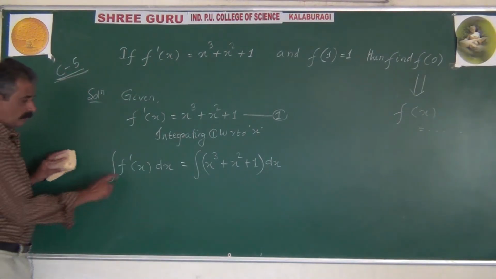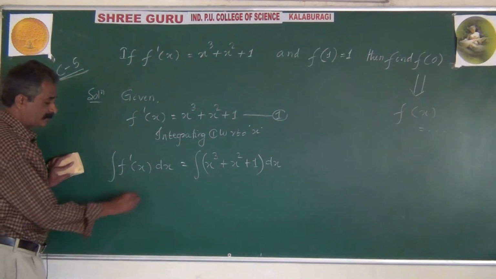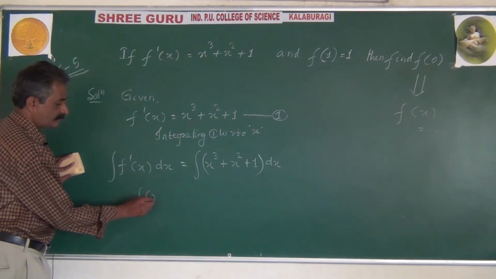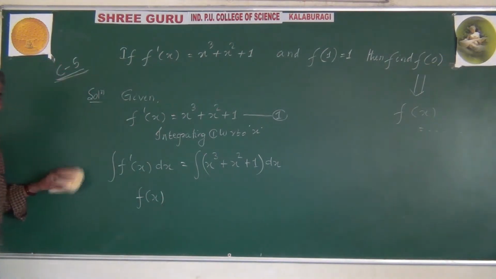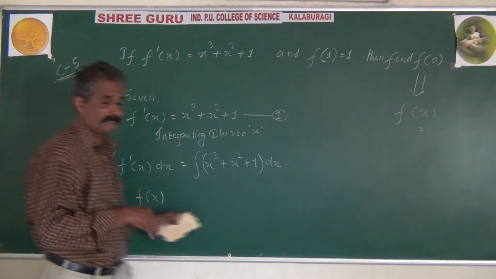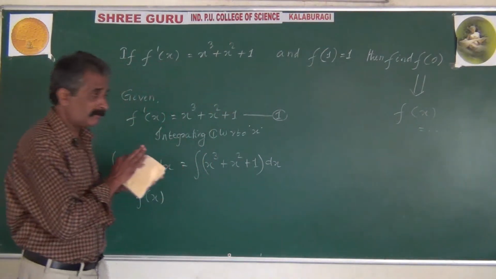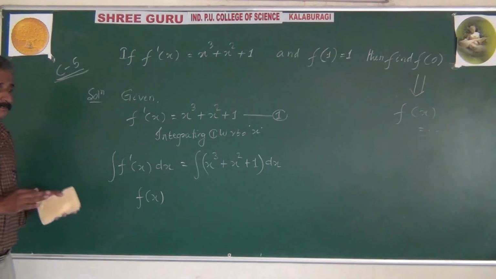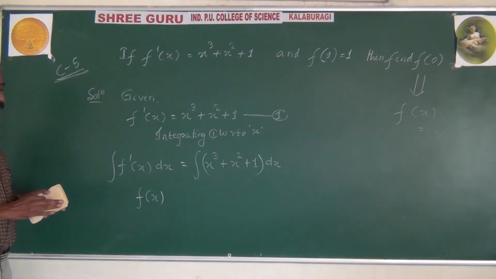Now, what is integration of f dash of x? F of x. Don't think that integration and differentiation get cancelled. They don't get cancelled, because they are converse processes. When they meet each other, they merge into one.